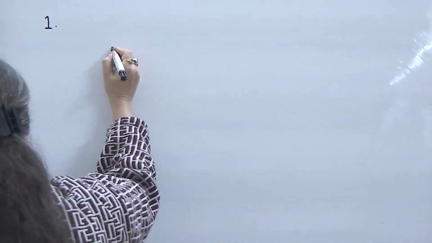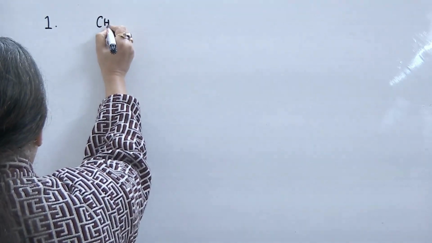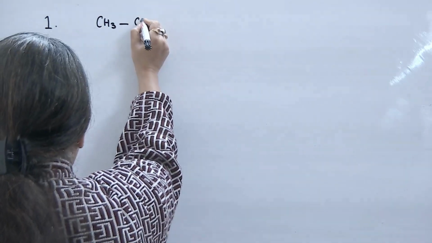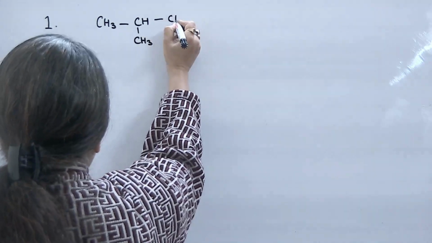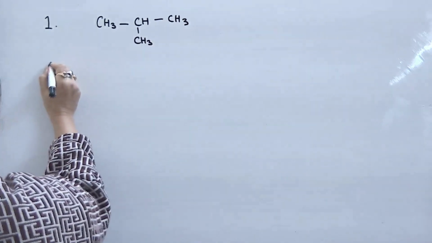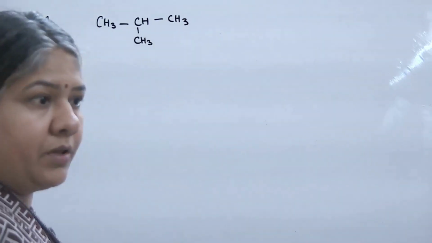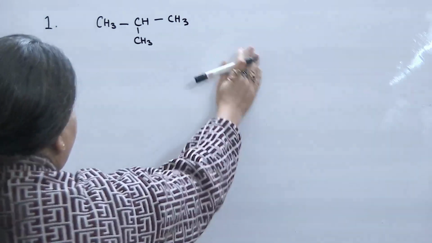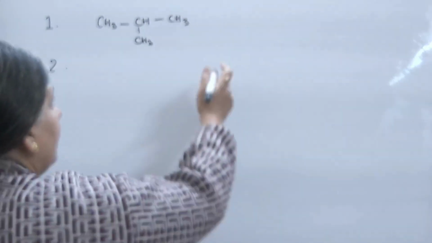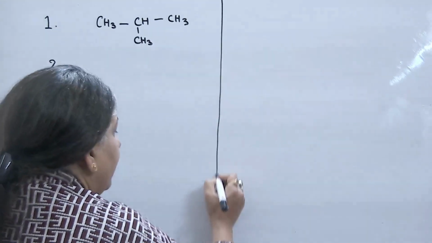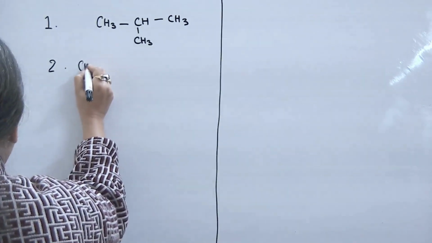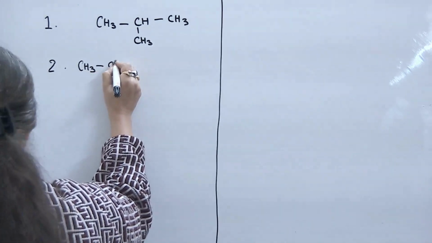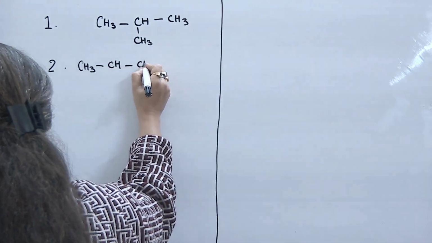First example, CH3, CH3, then CH3. I'm giving you the structure of the compound. You start writing, and then we'll see the names also. Then CH3, CH.